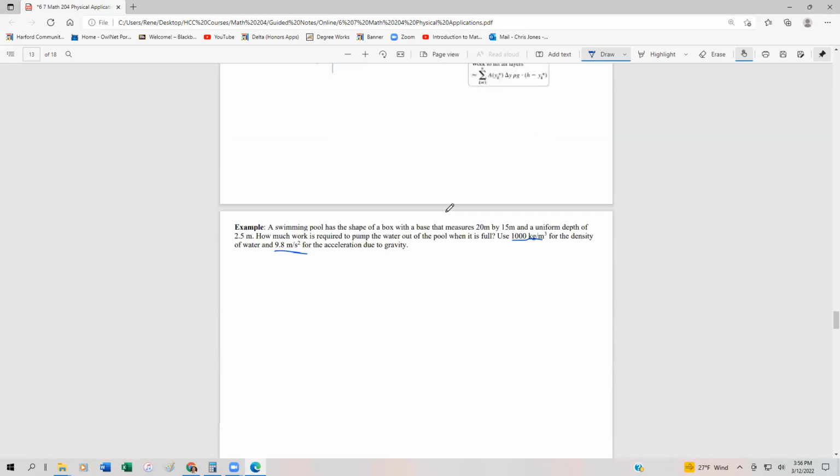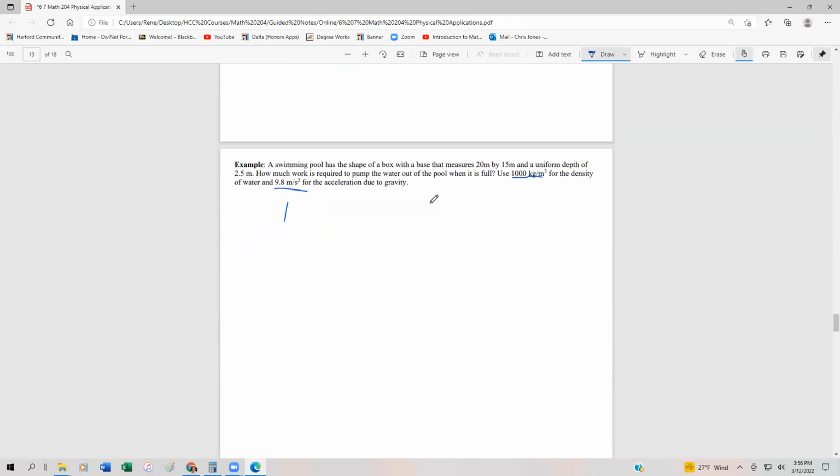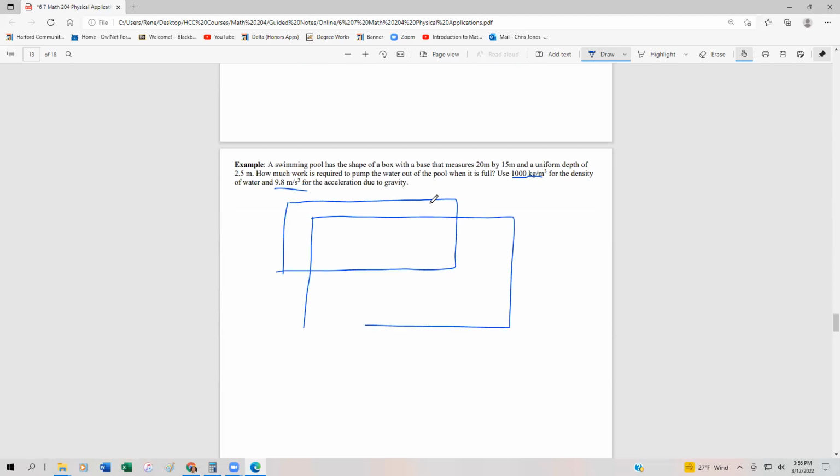So just thinking about this, if we draw a picture, and ignore my not-so-good construction, apologies, let's just say that this is the pool, and this is going to be 15 meters, not to scale, just so we can see, and this is going to be 20 meters, and of course we know the height is 2.5 meters.